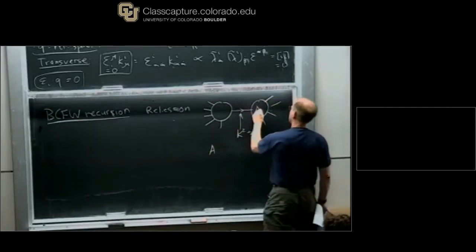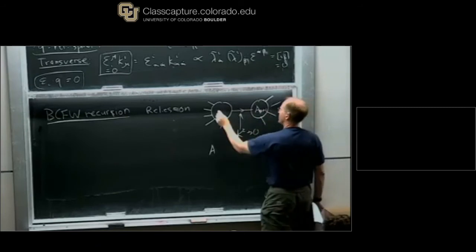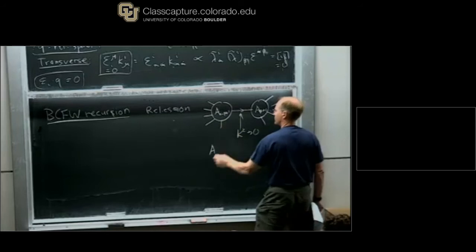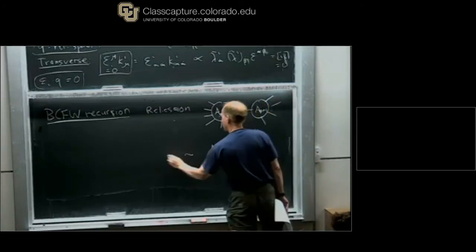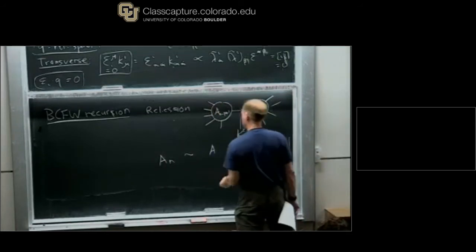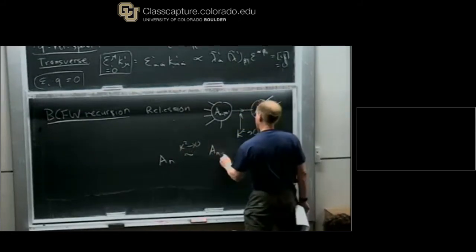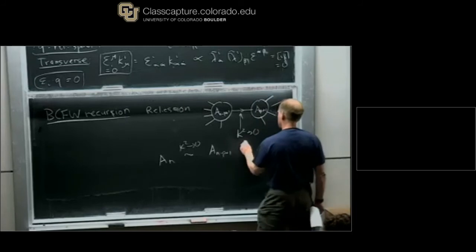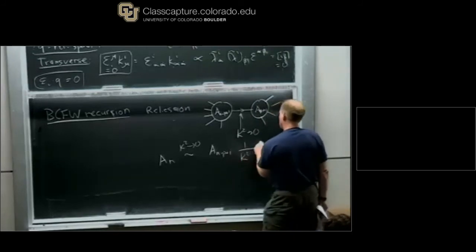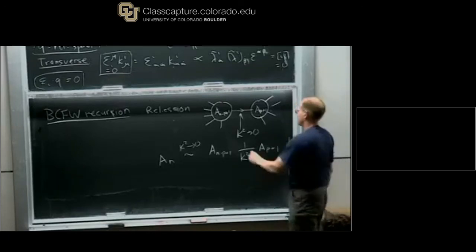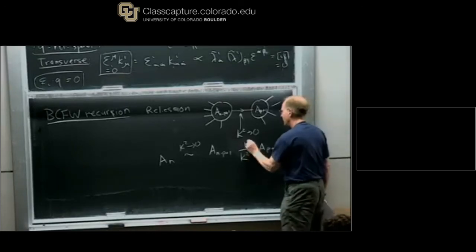Last time we had p plus 1 lines coming out of here, and n minus p plus 1 lines out of here, and in this limit where k squared goes to 0, the amplitude goes like an minus p plus 1. Usually there's an i here.